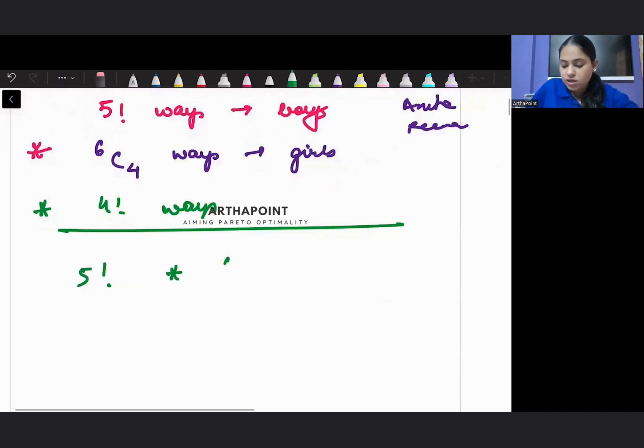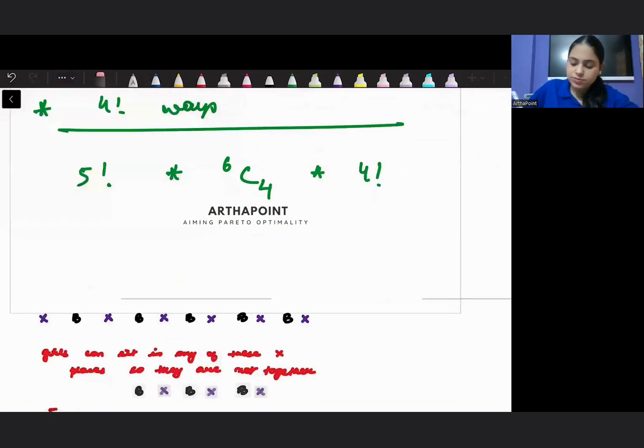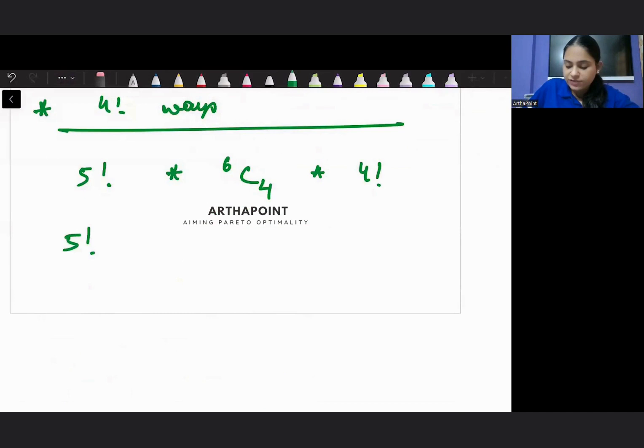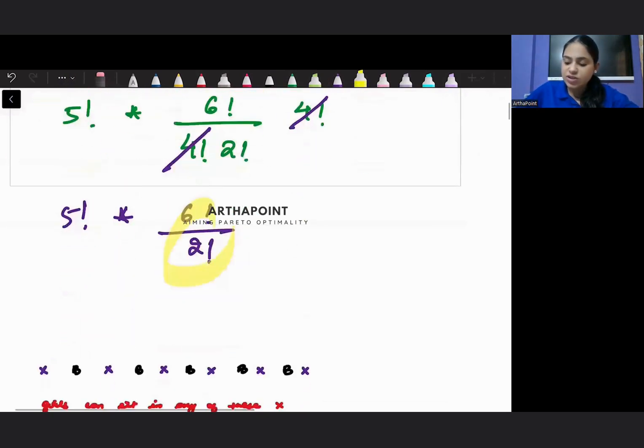5 factorial into 6C4 into 4 factorial. So I will solve this out. I will get 5 factorial into 6 factorial over 4 factorial 2 factorial, into 4 factorial. So this will be 5 factorial into 6 factorial by 2 factorial. Now notice that this actually turns out to be the formula of permutation.